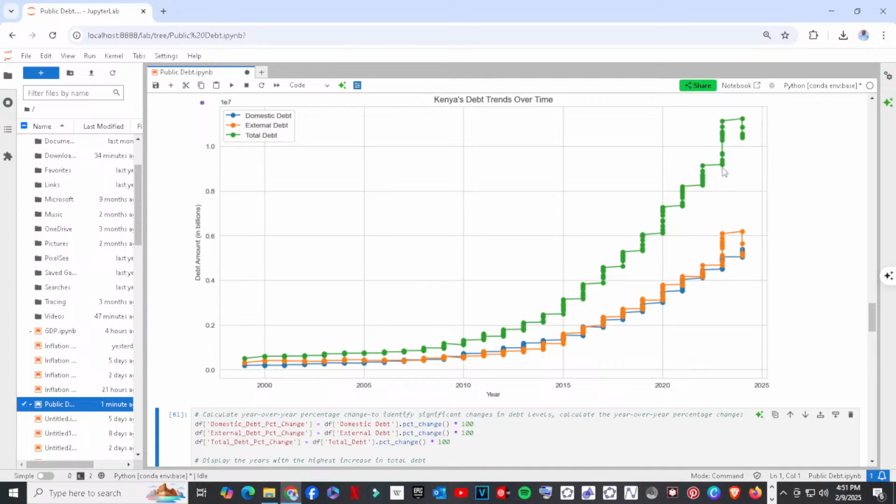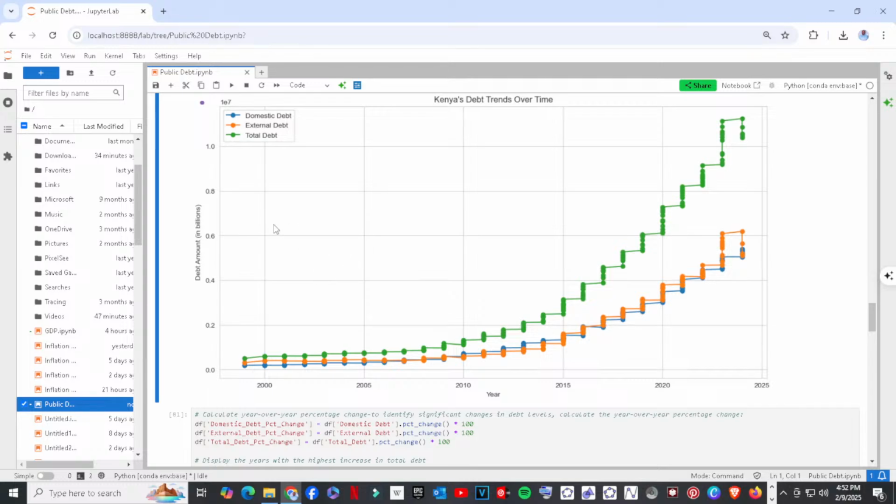In 2024, we see much borrowing, but we'll see in terms of percentage what that gives us, if at all, in that particular time, we had a more significant change. It may be that we see that spike, but if we consider the relative changes, that may not be so.